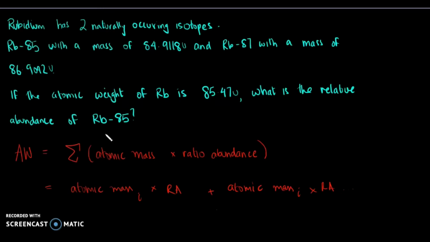For rubidium, we have two isotopes, so I'm going to stop here. We have the atomic mass of rubidium-85 times its ratio abundance plus the atomic mass of rubidium-87 times its ratio abundance. It's going to be the sum, which will give us the average atomic weight for rubidium.